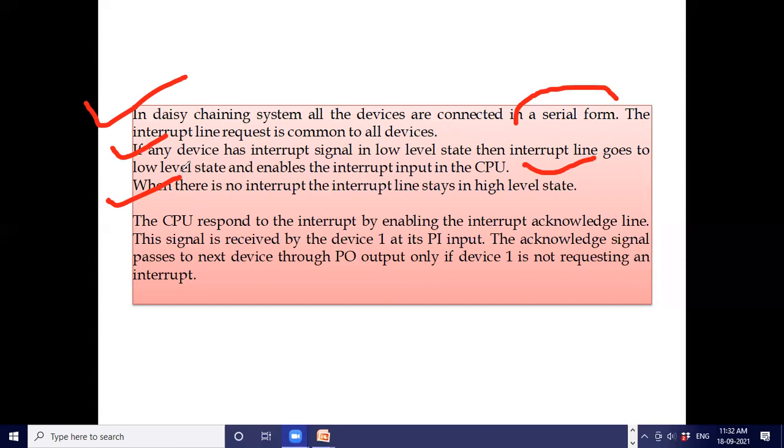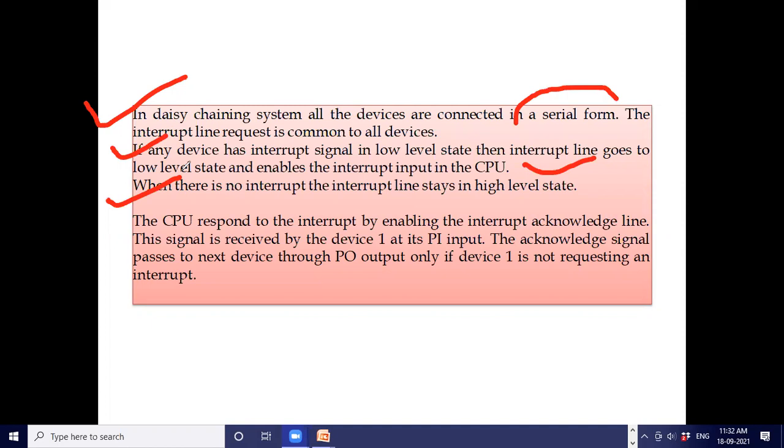So what are we saying? If any device has interrupt signal in low level state, then the interrupt line goes to the low level state and enables the interrupt input in the CPU. But if there is no interrupt, then by default the interrupt line is in high level state.